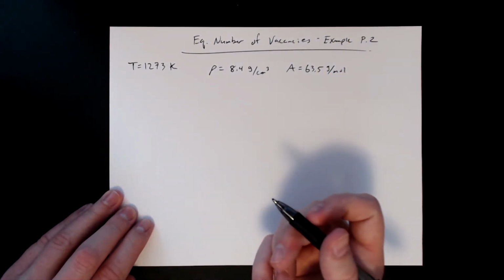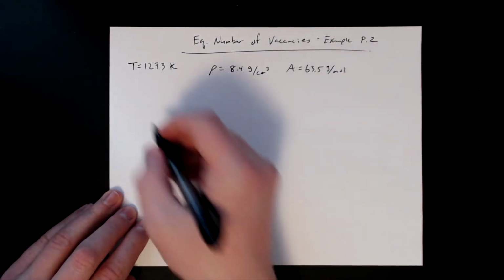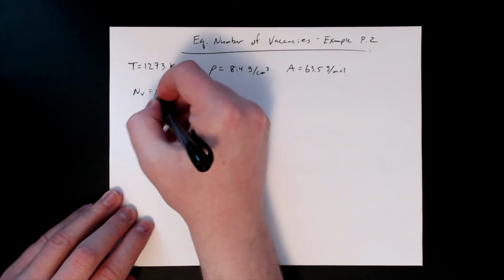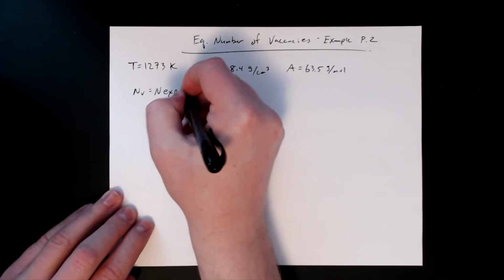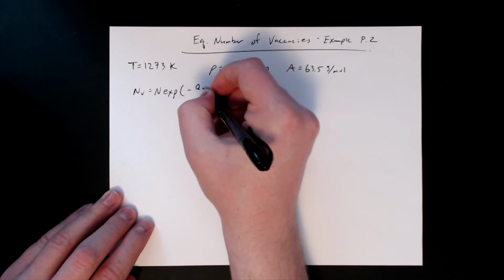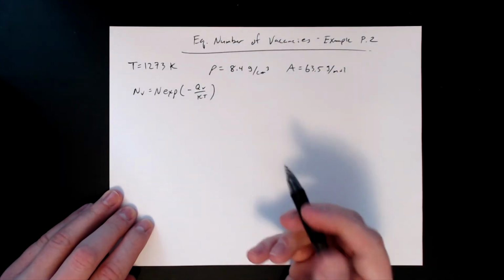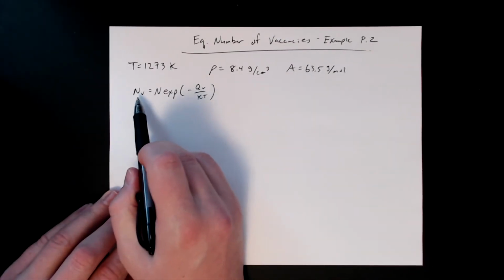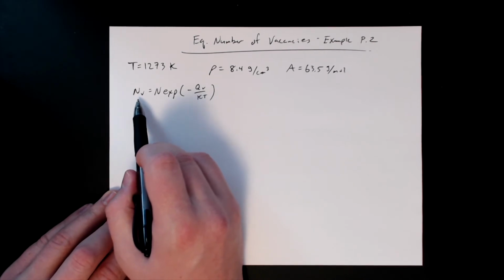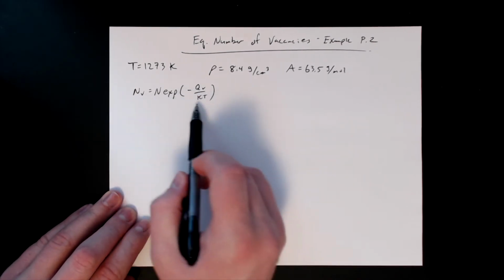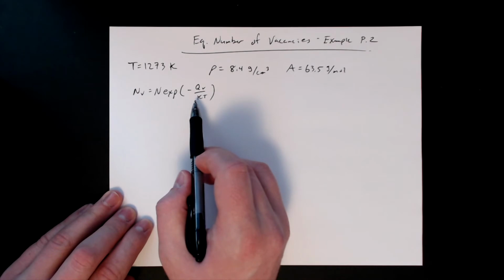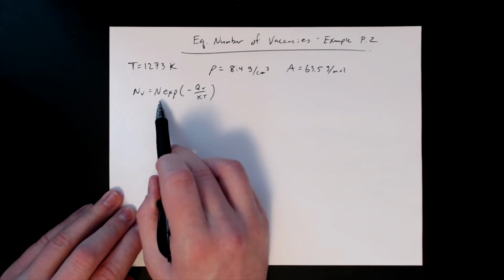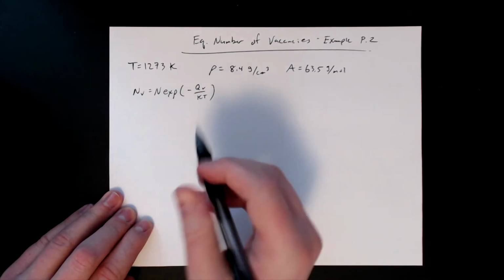So the first part of this expression, since we are solving to get the total number of vacancies per cubic meter, is n. We already calculated the exponential part in the first part of this question, so really we just need n.